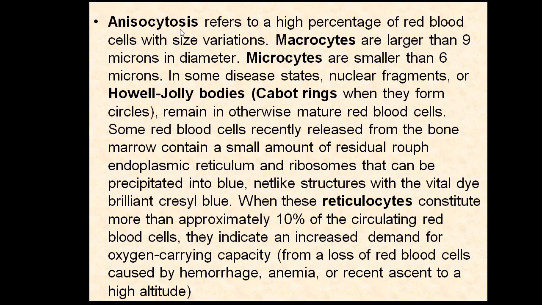I told you that normocytes have a diameter of 7 to 8 micrometers, and they constitute over 75% of our peripheral blood, of course, of the healthy person. But 25% is occupied by macrocytes and microcytes. 25 is divided into two.